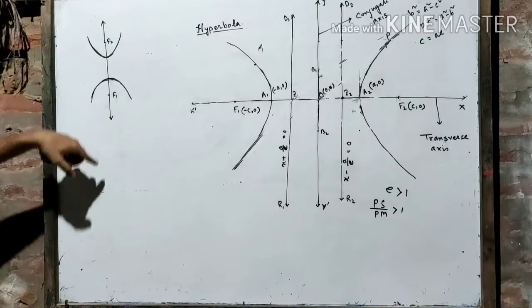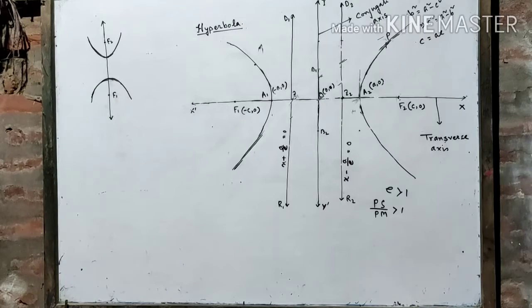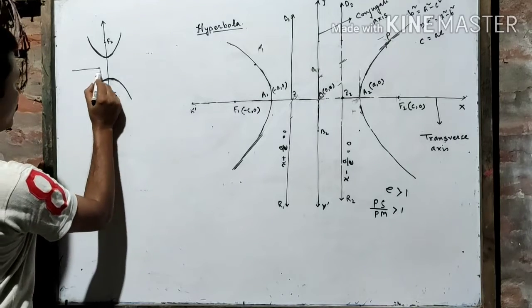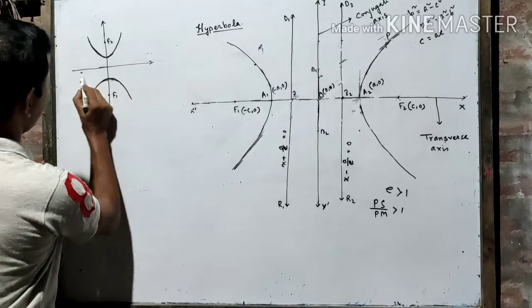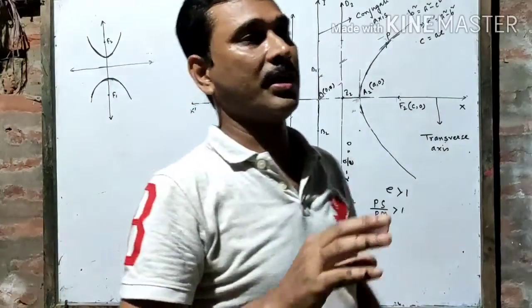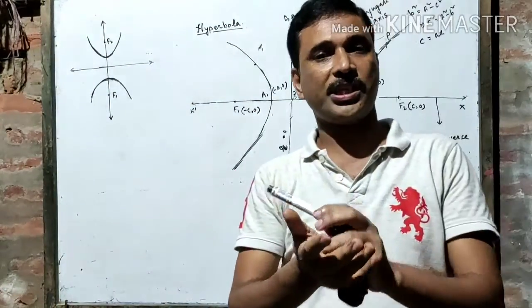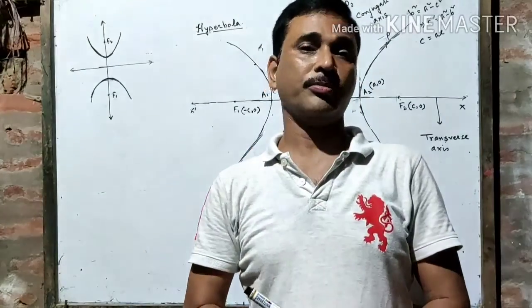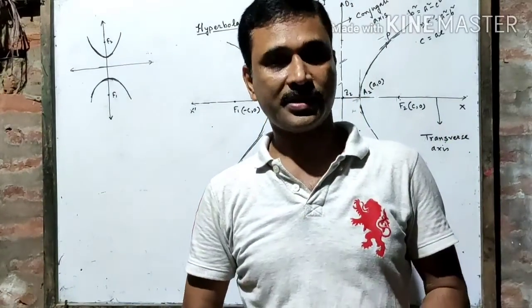Focus will lie on the y-axis. So y-axis will be the transverse axis and x-axis will be the conjugate axis. Okay. So the coordinate system has interchanged. Accordingly, the equation and the coordinates will change, but the lengths will remain the same.